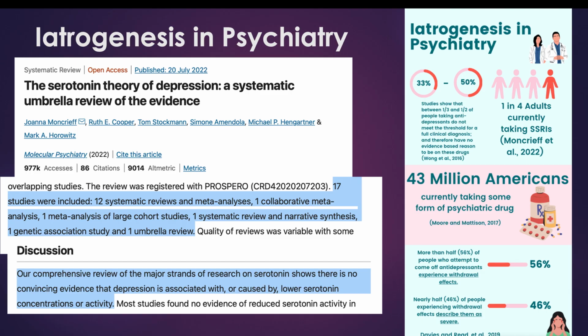Our comprehensive review of the major strands of research, again, very empirically strong data that they're using here. I really can't understate how incredible this study is, that they took so many different studies, so many different systematic reviews and meta-analyses, and synthesized all of that data into this study.